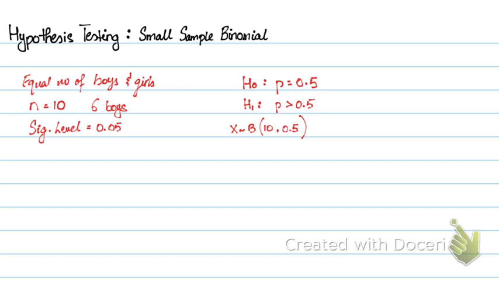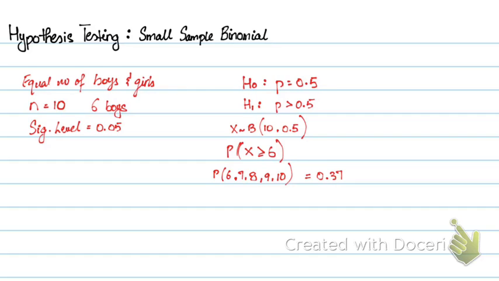So you need to calculate the probability of X greater than or equal to 6. This means the probability of 6, 7, 8, 9 and 10.